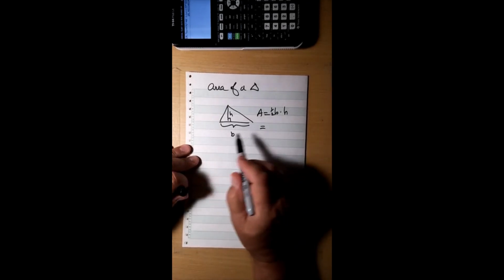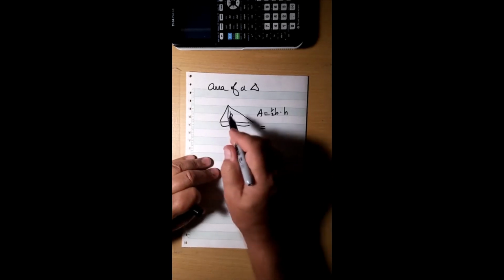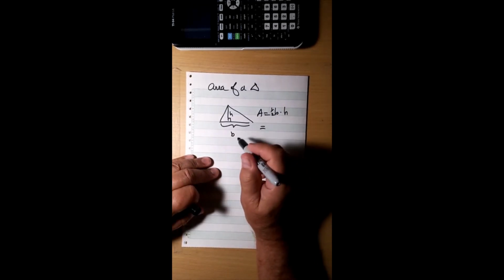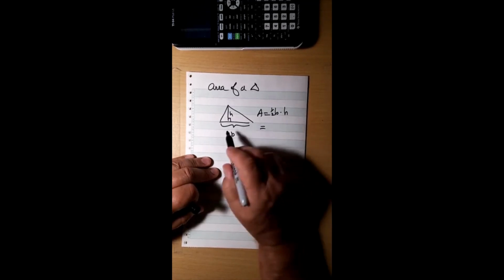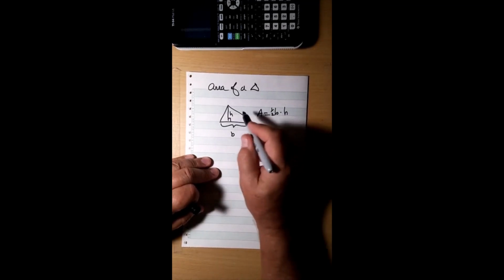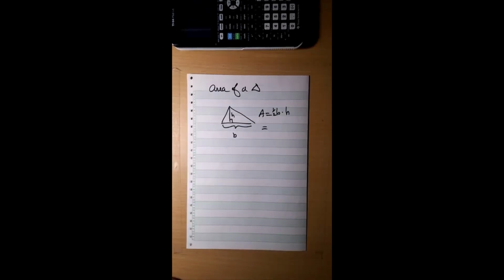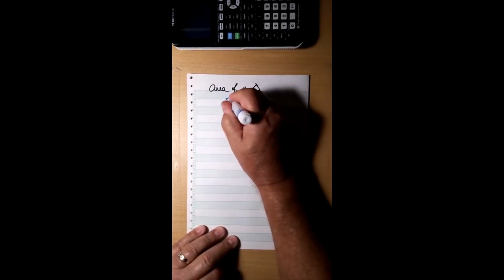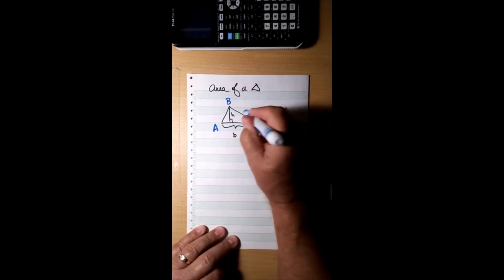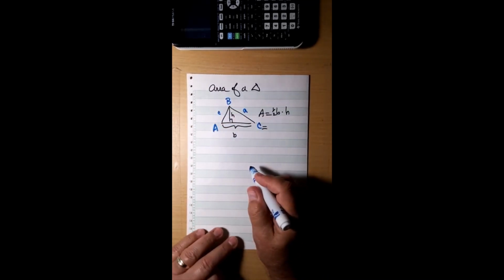Well, if you don't have all that stuff, you can use some of your information about the law of sines. The base, so let's add some things here. Because we call that B, let's call this angle B. Let's call this A, so that's little a, so this will be C and little c.